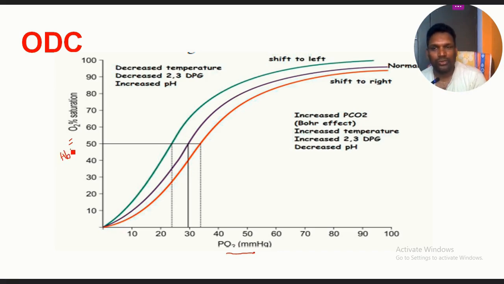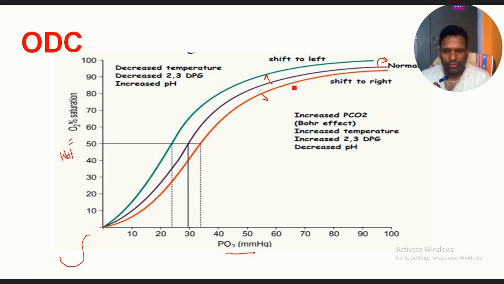Now, the oxygen carrying capacity can be better explained by a curve called the oxygen dissociation curve. This curve is obtained by plotting the relationship between the partial pressure of oxygen on the x-axis in mm of Hg and the percentage of oxygen saturation of the hemoglobin.